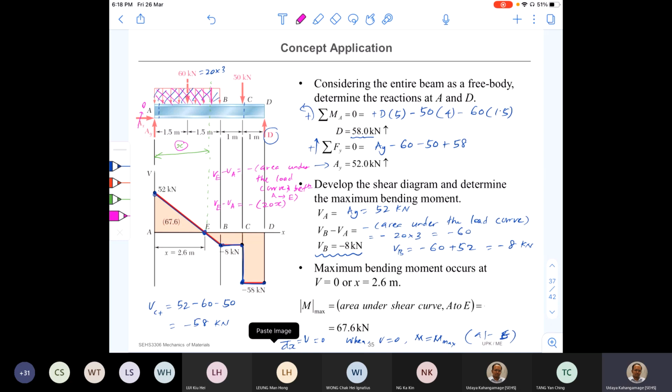So shall we substitute those numbers? 0 minus 52 is equal to negative 20x. From this one, we can find out x is equal to 2.6 meters. So that is how I found the value of x in here.